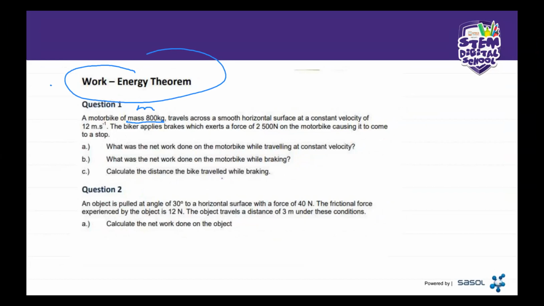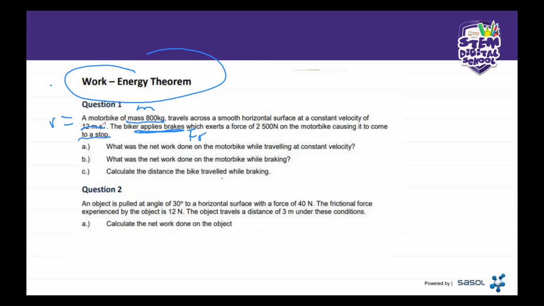So we have a constant velocity. So V is equal to 12. Okay. The biker applies brake. So the minute you see this, you know that now we've got force, friction, right? Which exerts a force on the motorbike, causing it to come to a stop.